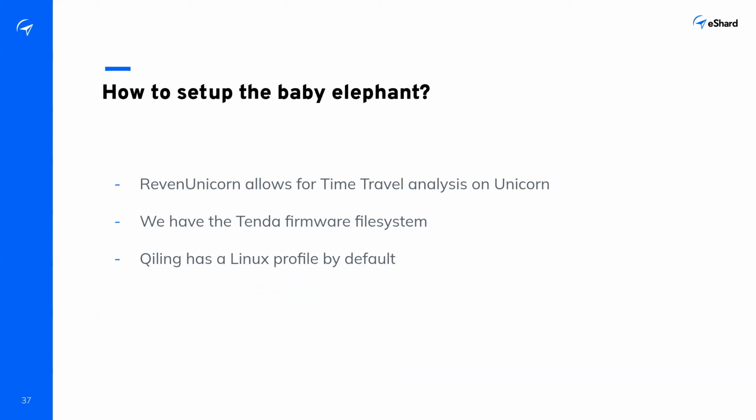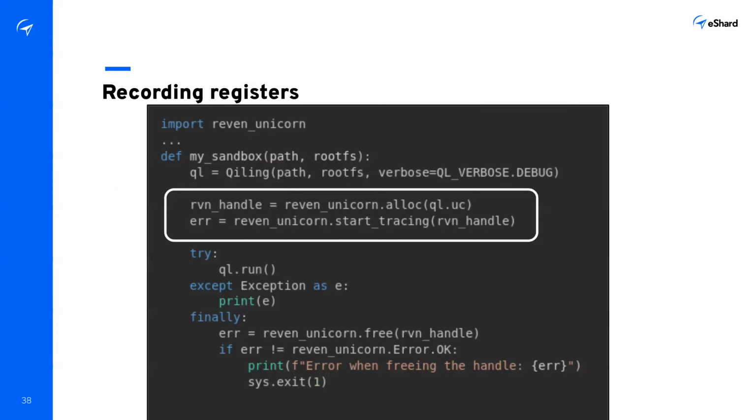We have the Tenda firmware file system, and Qiling has a Linux profile by default that we can tweak to make it work for us. Turns out we didn't even have to tweak it, but that's not relevant for now. But in order to do a trace for time travel analysis, we need, like we said, to record the hardware of the emulation. That is, we need to record the registers. Quite simple. Raven Unicorn does it for us.